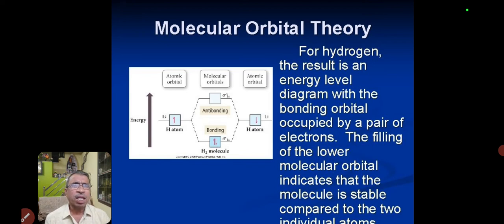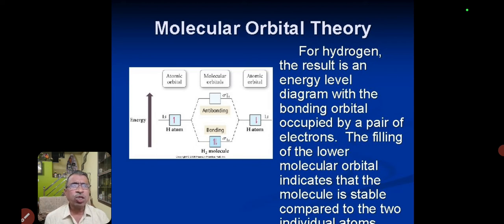This is the slide that shows two hydrogen atoms, where the electrons are present in the 1s atomic orbitals. These 1s atomic orbitals overlap and combine to form new molecular orbitals, resulting in the sigma 1s bonding molecular orbital and the sigma star 1s anti-bonding molecular orbital. Totally, there are 2 electrons.